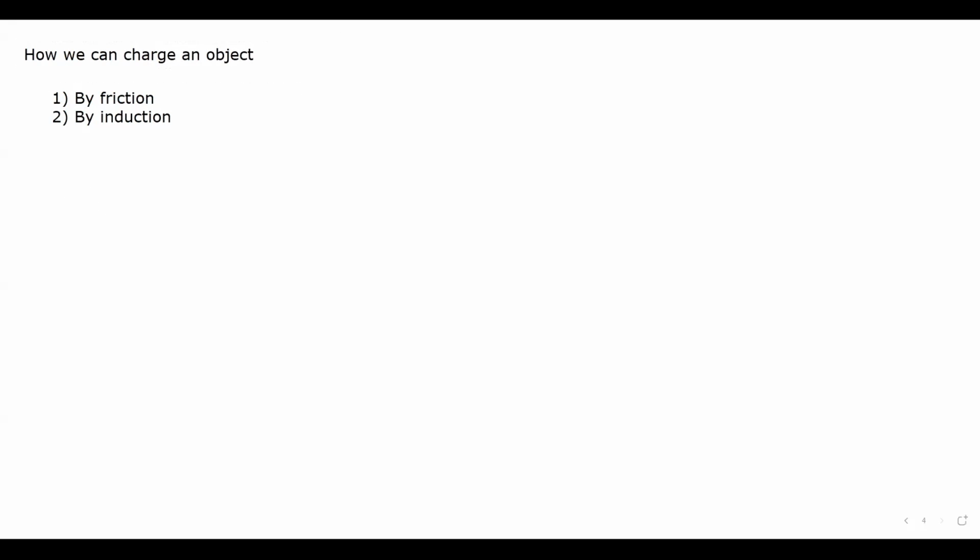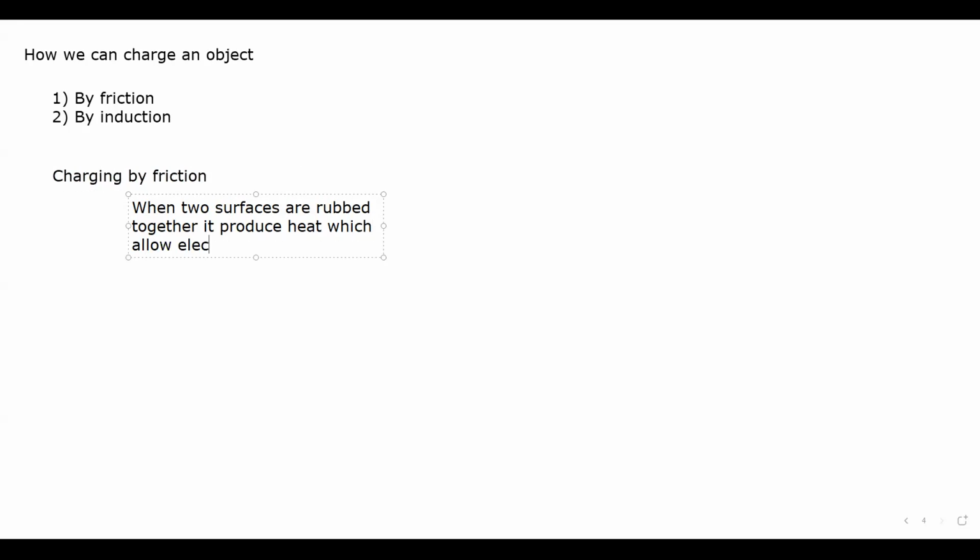What happens in friction? Charging by friction: when two objects or two surfaces are rubbed together, it produces heat which allows electrons to move from one surface to another.